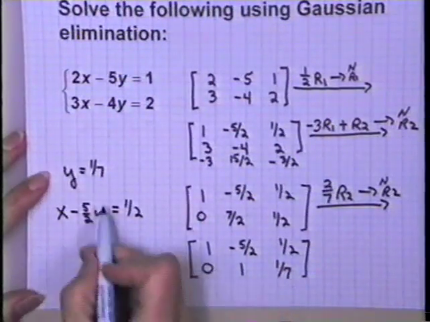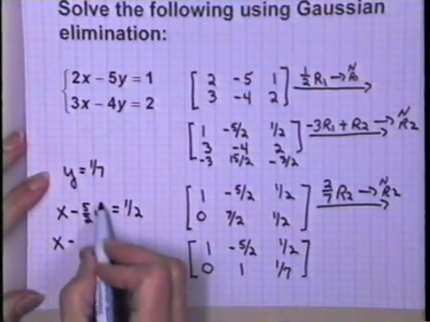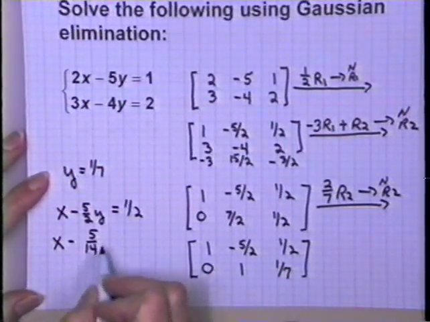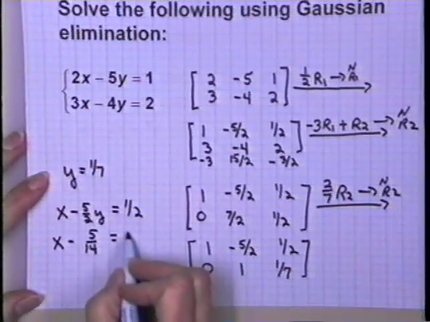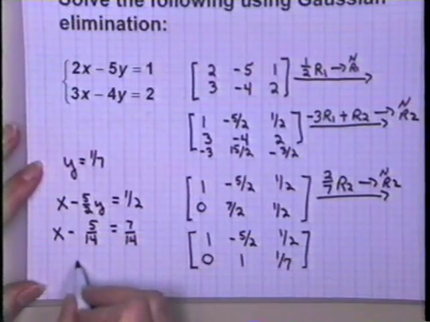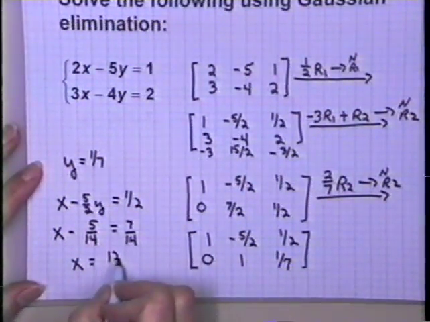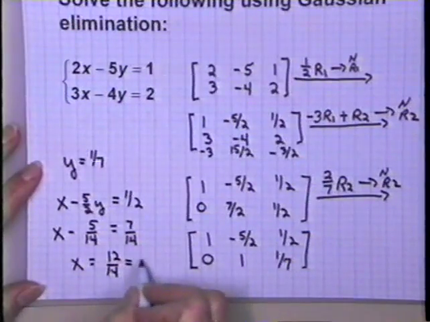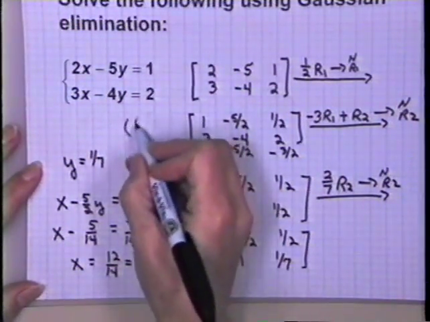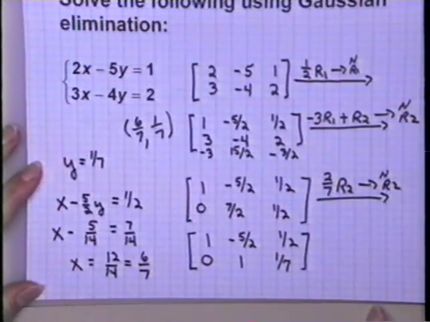Now, since y is 1 seventh, let's substitute that in. 5 halves times 1 seventh is going to be 5 fourteenths. Since I got fourteenths here, I'm going to change 1 half to 7 fourteenths. And then to solve for x, we will add the 5 fourteenths over here and get 12 fourteenths, which will reduce to 6 sevenths. So x is 6 sevenths, y is 1 seventh.